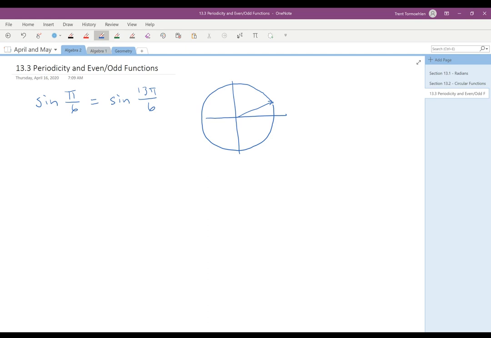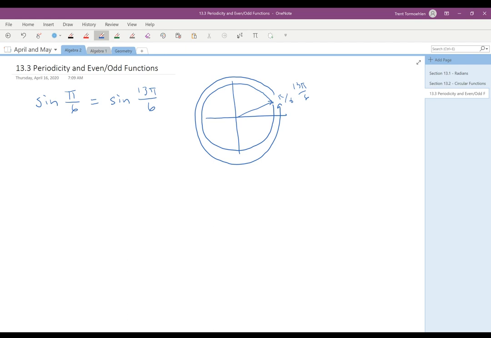And then if we get pi over 6 here, when we go all the way around, we add 2 pi to pi over 6, and we get 13 pi over 6. And so that's an important idea for us.